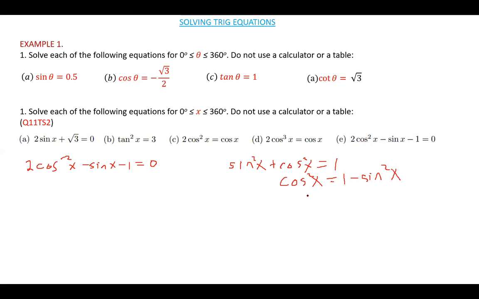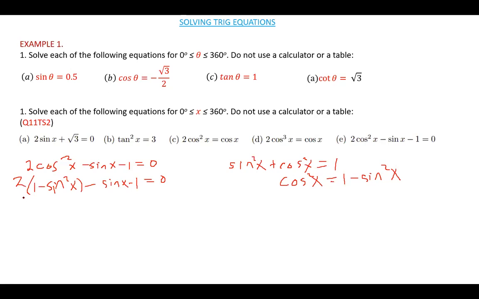So where there is cos squared x in this expression, I'm going to put 1 minus sine squared x like that. And then minus sine x minus 1 is equal to 0.